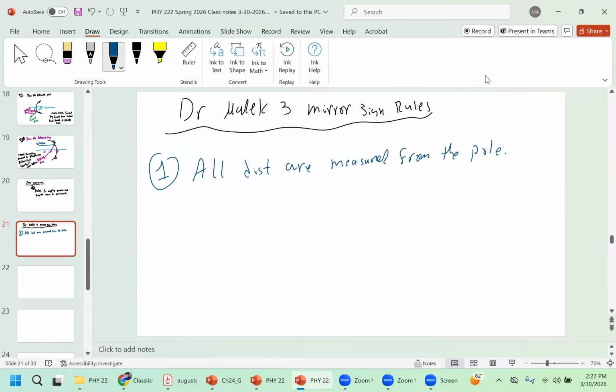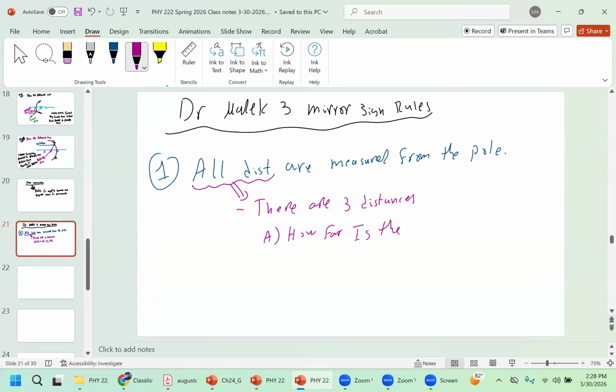What does that mean? Now, how many distances have we actually talked about? We talked about three distances. So when we talk about all distances, we're really talking about these three distances. The first is how far is the focus, which is basically your focal length.